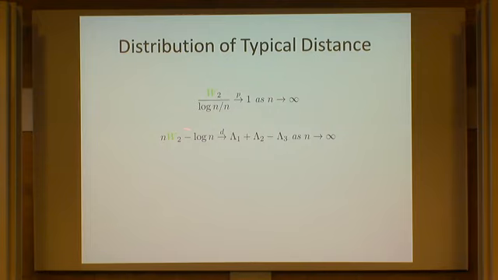If you look at the fluctuations around log n, they are of order 1 in probability, and you can write them explicitly in terms of 3 independent standard Gumbel random variables in this way. So this is again due to Janson. So there's a very nice characterization of these random variables, both the mean and the typical behavior and the fluctuations.